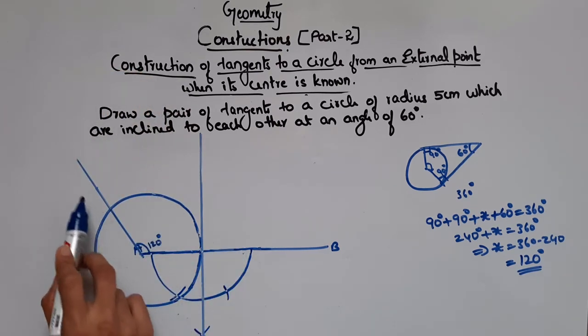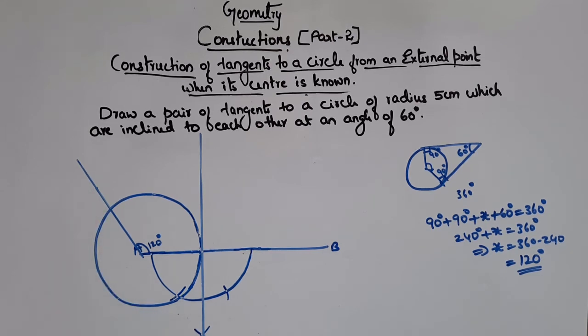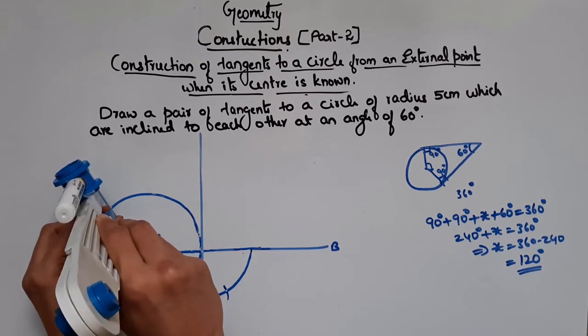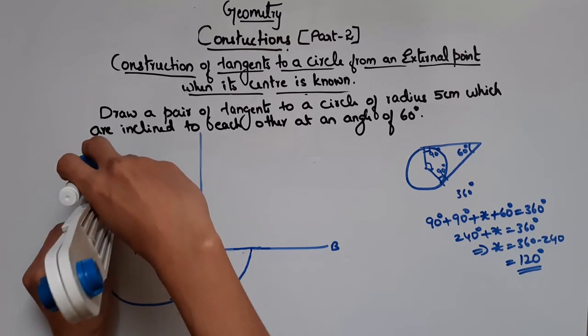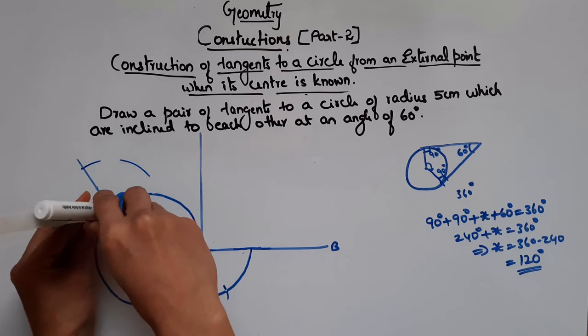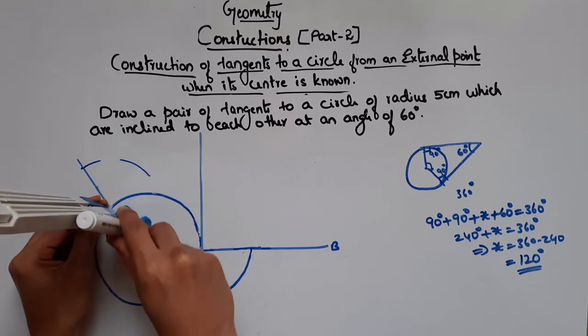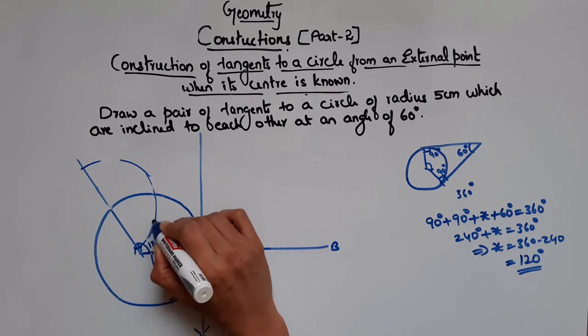Similarly, you have to draw another tangent at this point. Same procedure. You will keep your compass at this point and draw a semicircle. Like this. So let me draw like this.